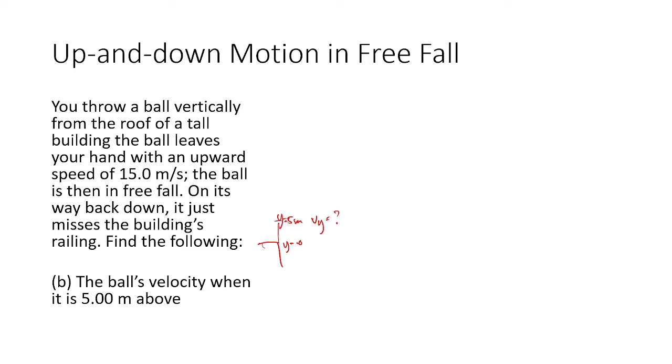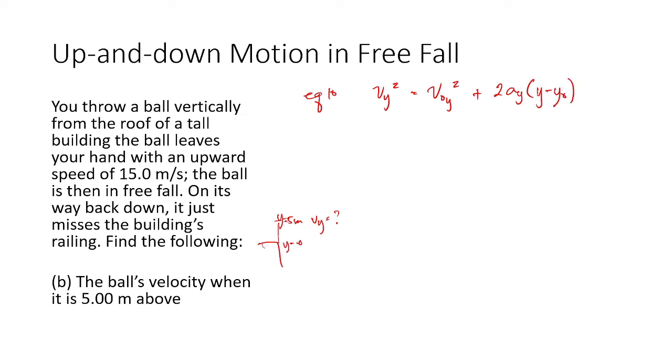So, for this one, we will be actually using our equation 10. Equation 10 is actually Vy square is equal to V naught y square plus 2 times our acceleration. Okay, tama. And we have there our displacement, which is y minus y naught.